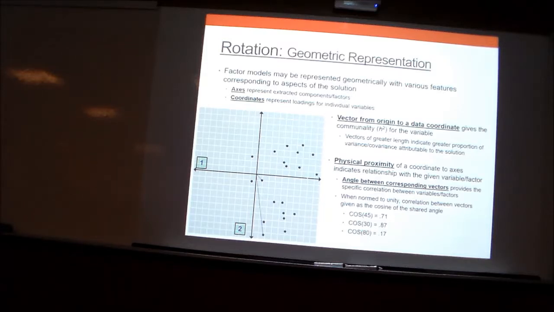But because our axes are at right angles to one another, we do have an orthogonal rotation here. So if this is our extracted solution, what we can do with our rotation is we just take that axis and we shift it, right? We literally rotate that axis around. And so if I look at this solution relative to the unrotated solution, now what am I seeing, Sean?